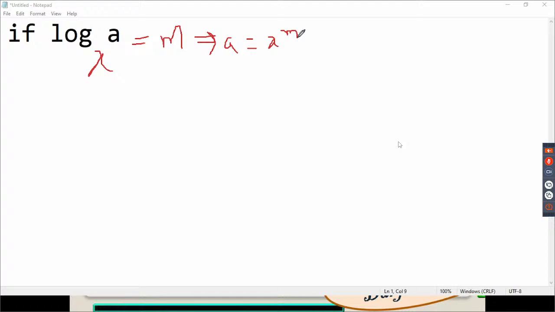Log a base b is equal to log a by log b.